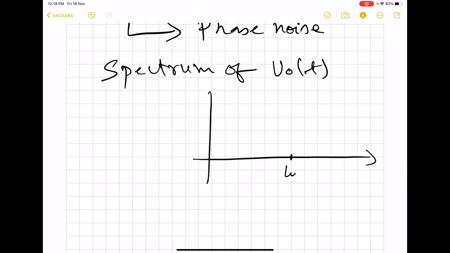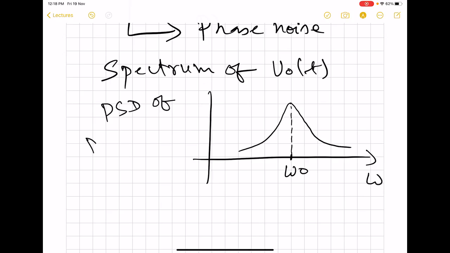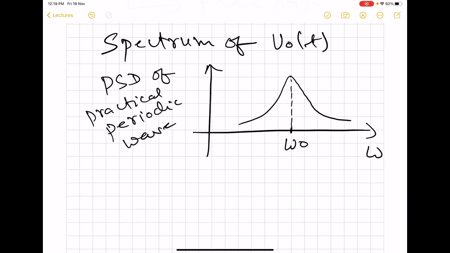So we will of course have omega naught component, but then there will be other frequency components also present in the neighborhood of omega naught. So we see that we no longer have a pure sinusoid present here.